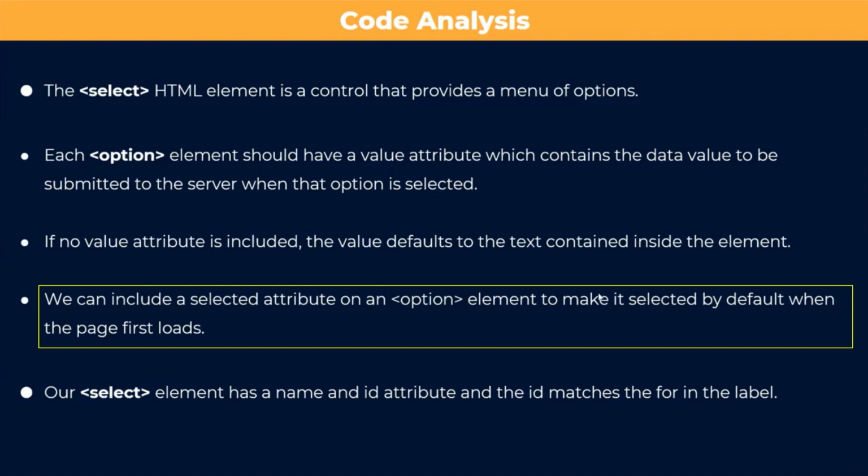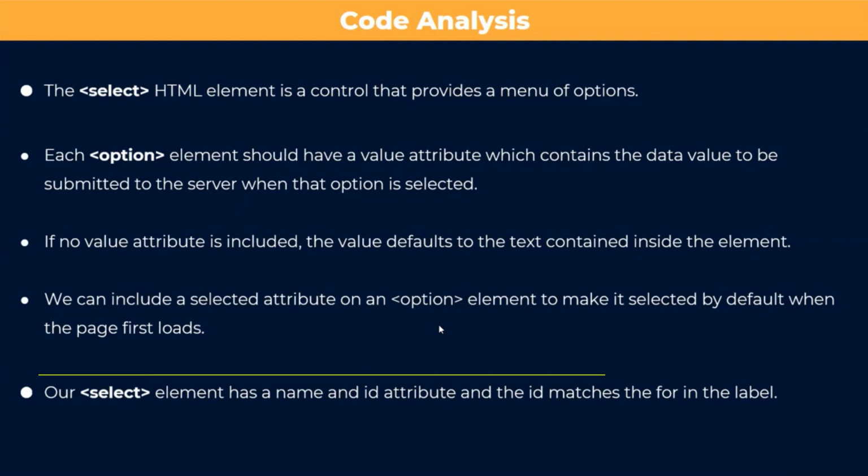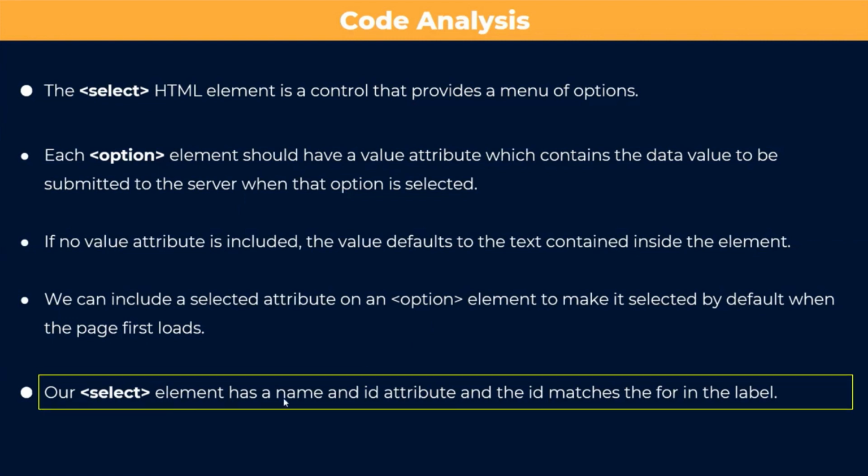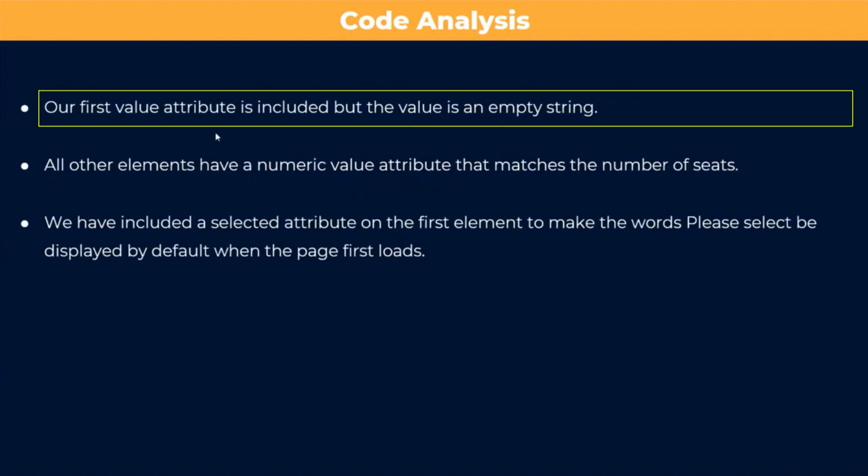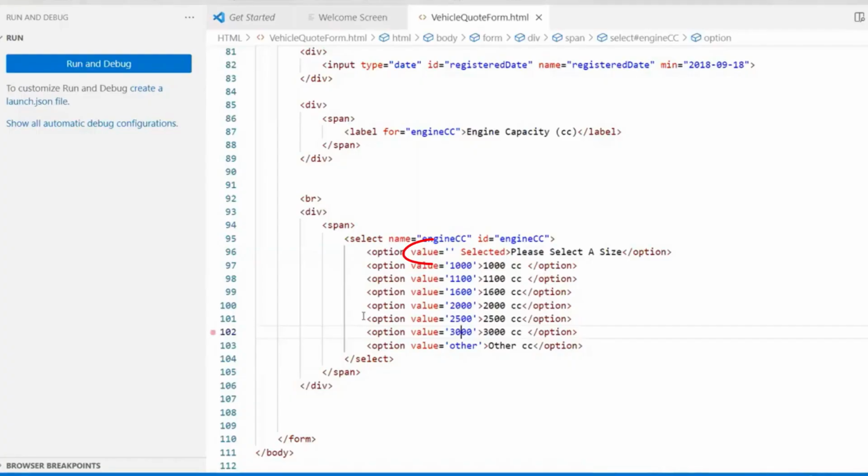So we could set a default in there to say this one is the one that's going to load. And our select element has a name and an ID attribute, and the ID matches the for. Our first value attribute is included, but the value is an empty string. So we had the value with our empty string, as we saw here. So it's just empty. So nothing will be in there.